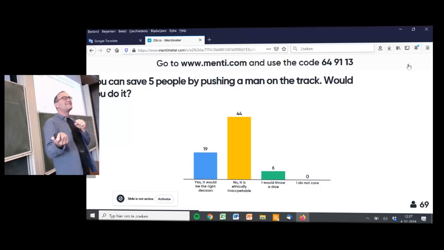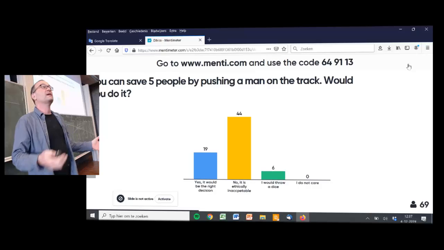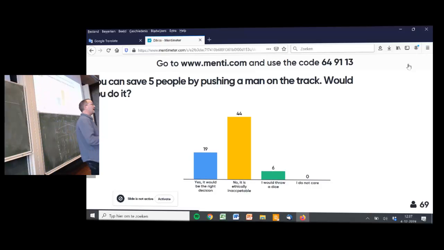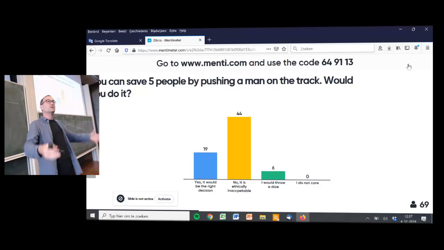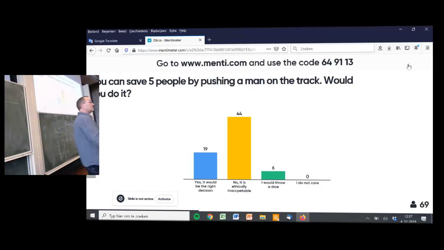I want to now translate this into the domain that we're working in, and that is the domain of self-driving cars. We face similar dilemmas. You're the programmer, you're writing a program, and you have to make a decision in the writing of your program: if the car is crashing, driving towards a group of 5 people, and you can only rescue these 5 people by hitting the car against the wall so that you kill the driver.